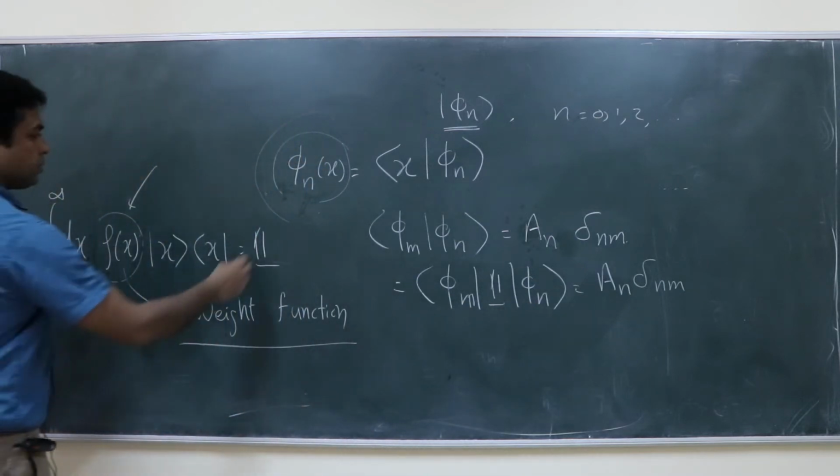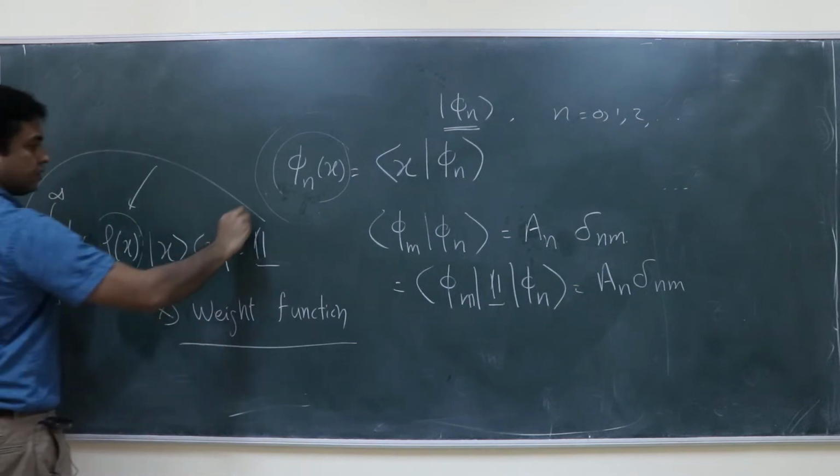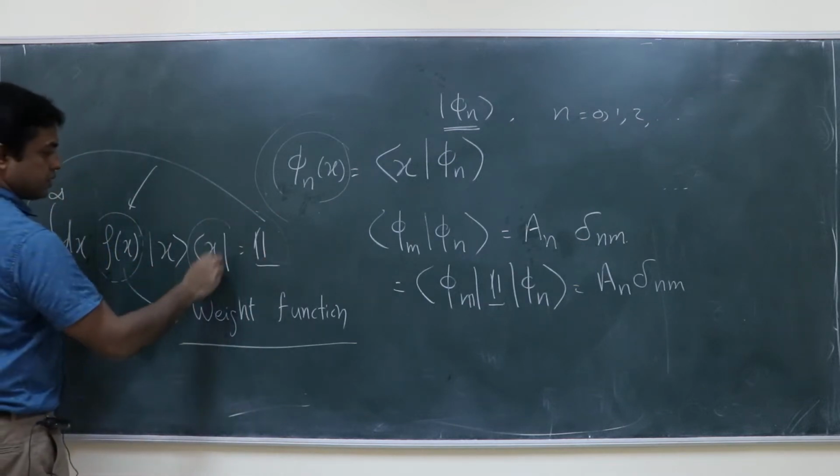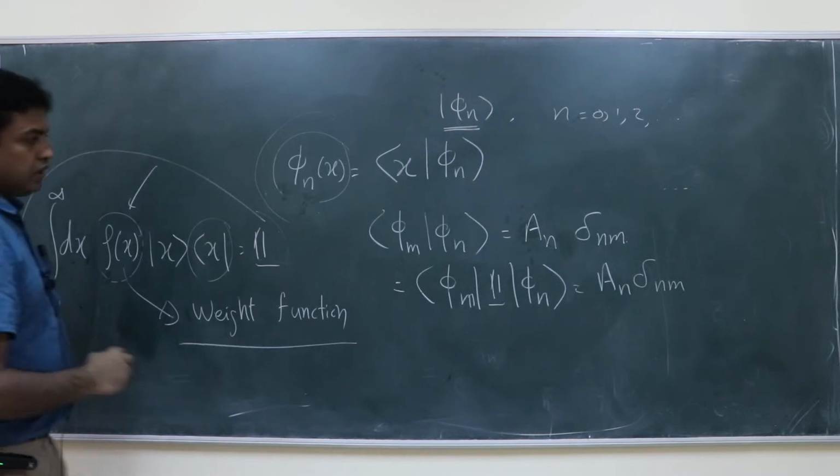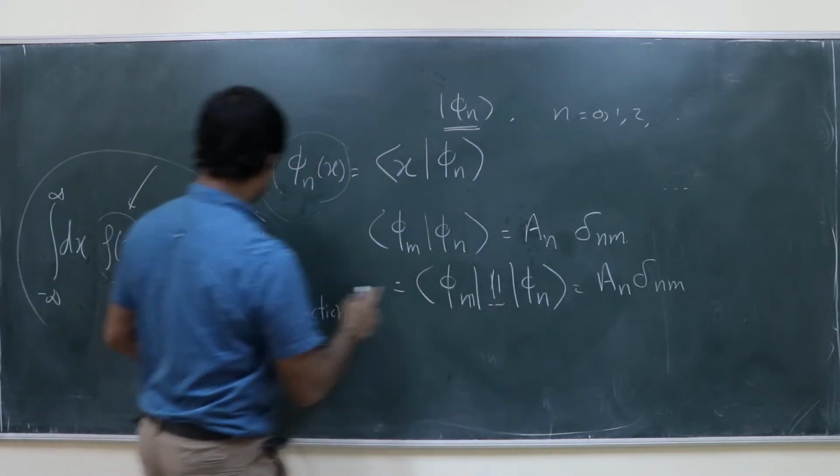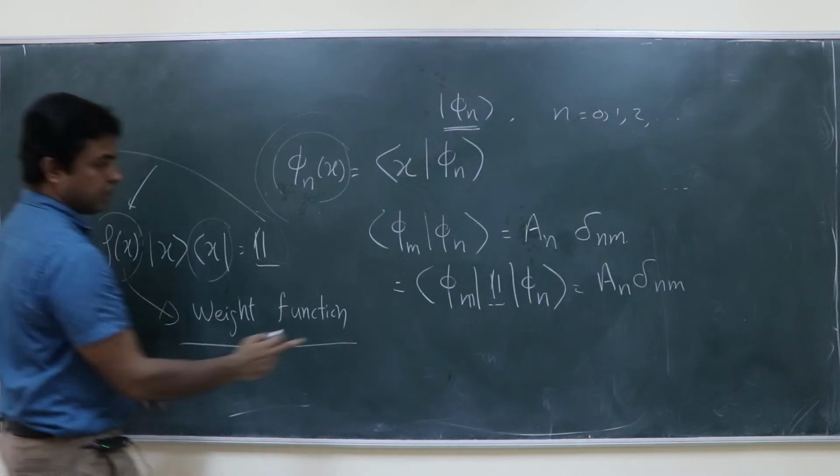Now substitute this completeness relation for the basis vectors ket x here. You substitute this identity operator here.